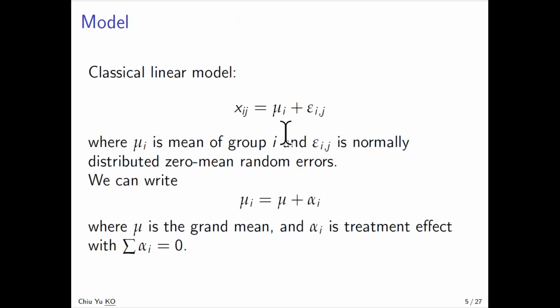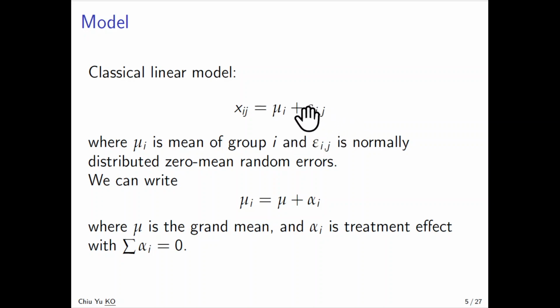So there's a classical linear model. The observation xij, group i observation j, is its own group mean mu i plus some normal random error epsilon ij.